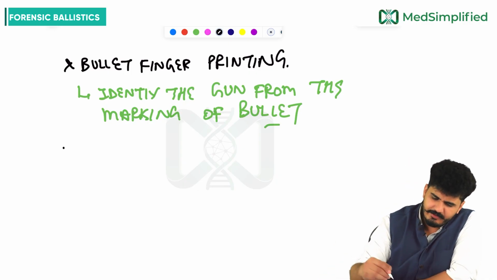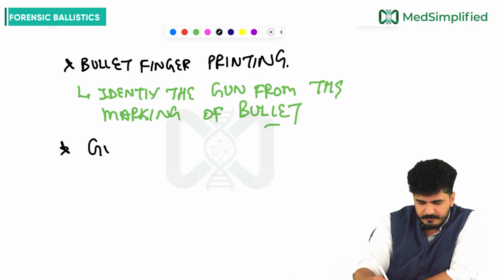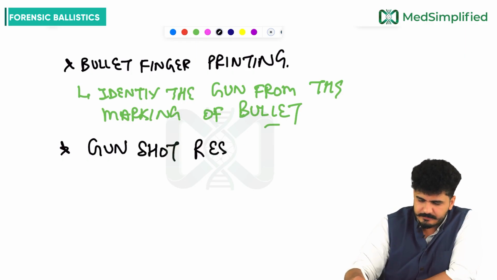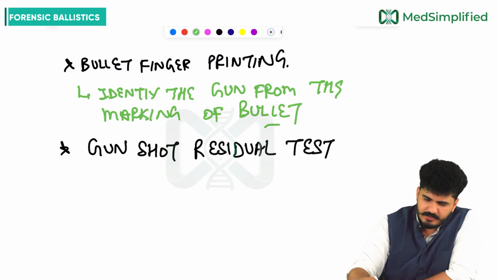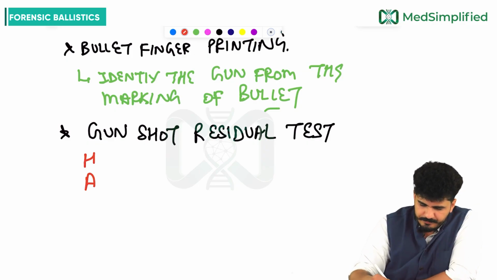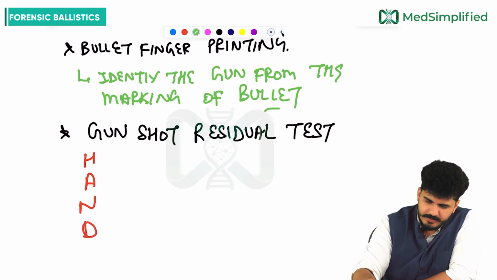Plus one other thing we need to add here is the gunshot residual test. If we talk about the gunshot residual test, guys, there is a mnemonic called HAND. What are the different tests?